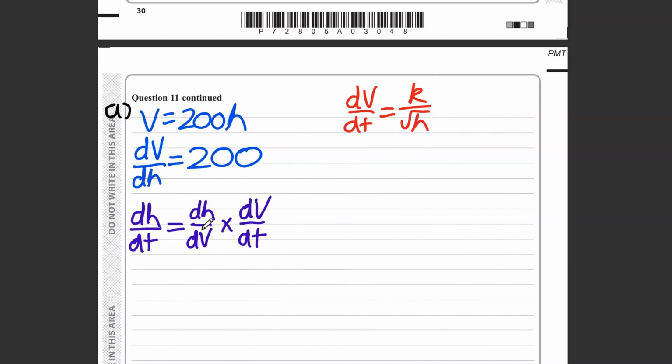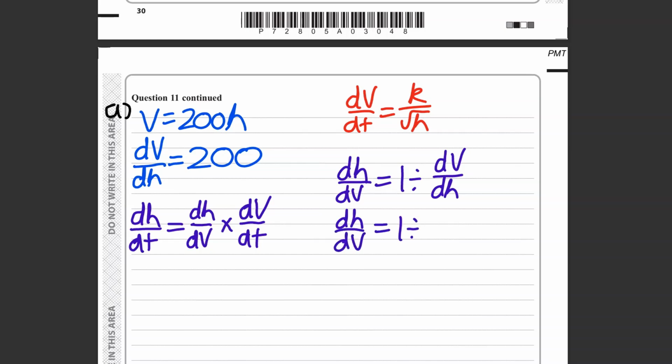Okay, we have dV over dt here, this k over root h. We don't have dh over dV, we have dV over dh. Now remember that dh over dV is equal to 1 divided by dV over dh. So therefore dh over dV is equal to 1 divided by dV over dh, which is 200. So therefore this is equal to 1 over 200.